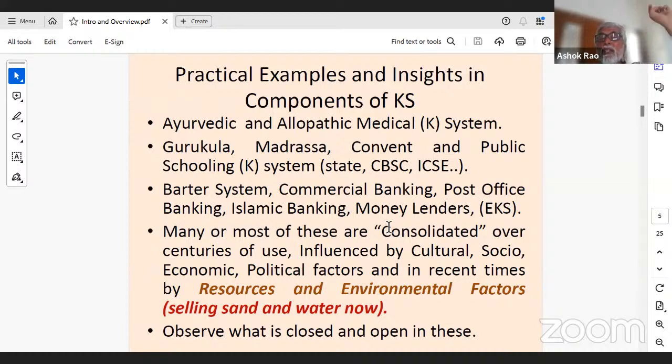Many or most of these are consolidated over centuries of use. It is influenced by cultural, socio-economic, political factors, and in recent times, by resources and environmental factors. For example, 25 years back, nobody was selling sand. Who on earth will think that sand has value?